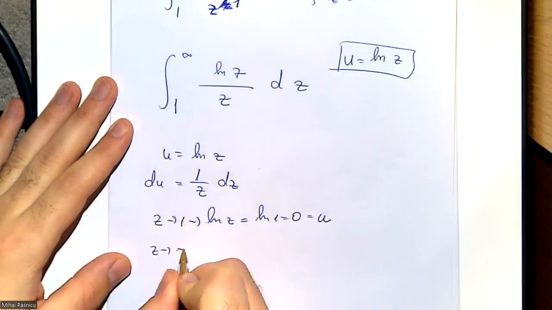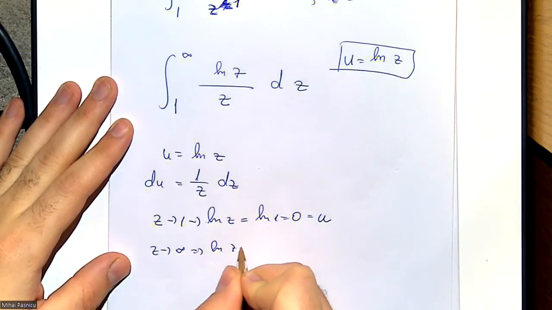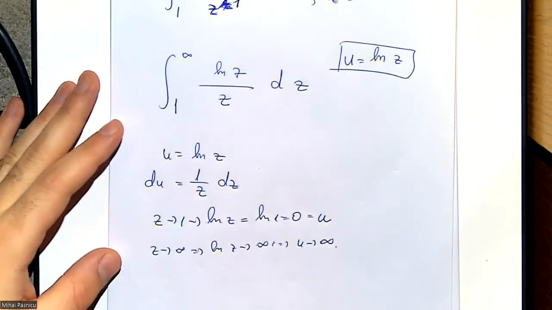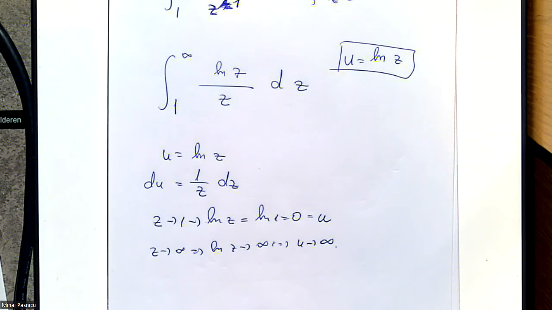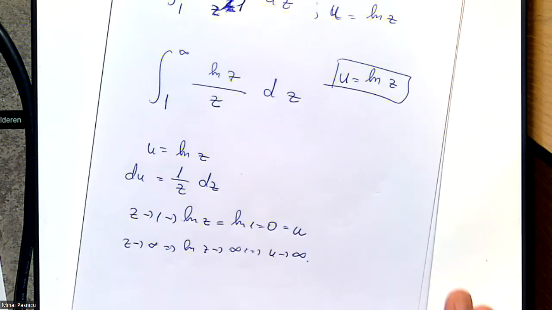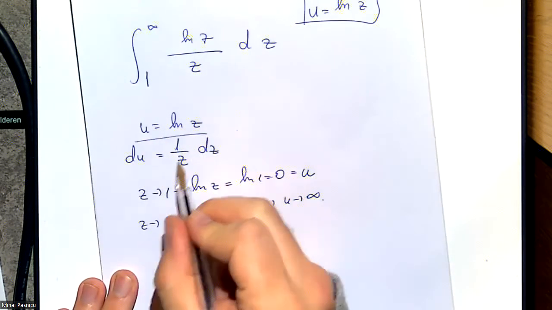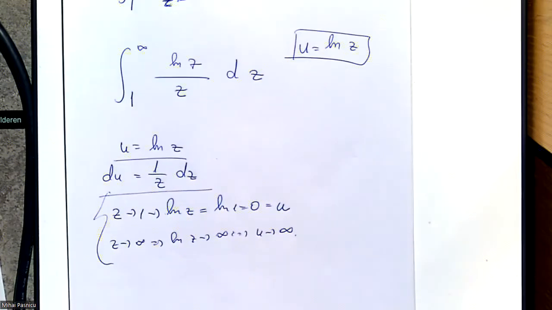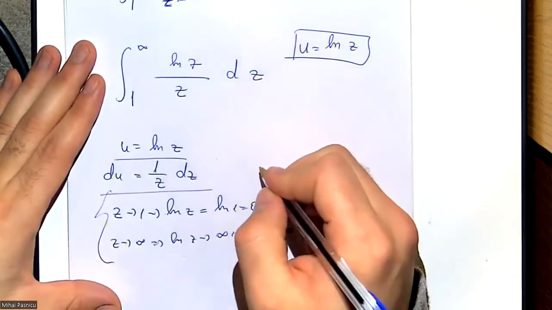And if z goes to infinity, ln of z goes to infinity as well, so u goes to infinity. Okay, I did all my substitution things. Remember, I changed my du and my limits of integration because it's a definite integral.